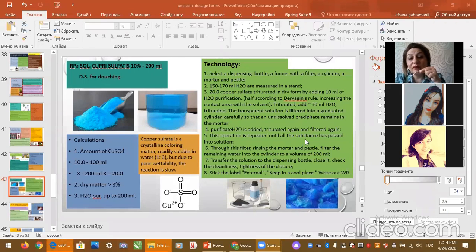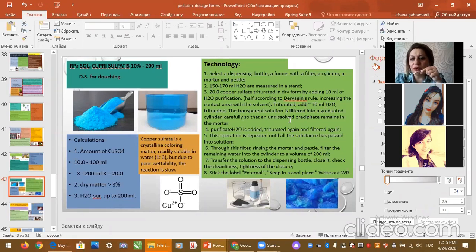And we added the... What? Hiba, continue, please. My dears, Hiba. Other material, half according to the reagents rule, increasing the contact area with the solvent, we every time take only half of solvent. So in our situation, we add only 30 milli of purified water, triturated.